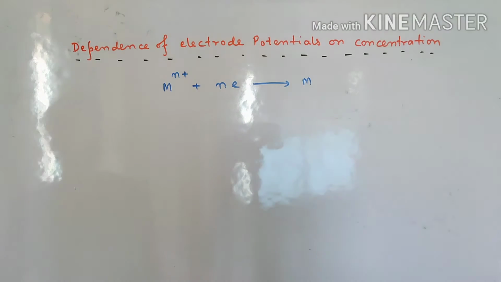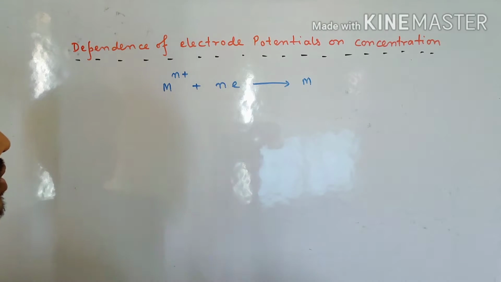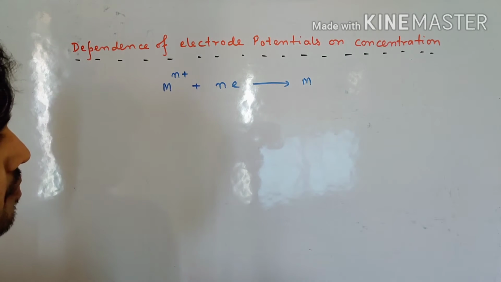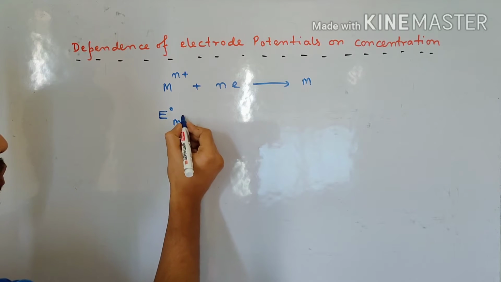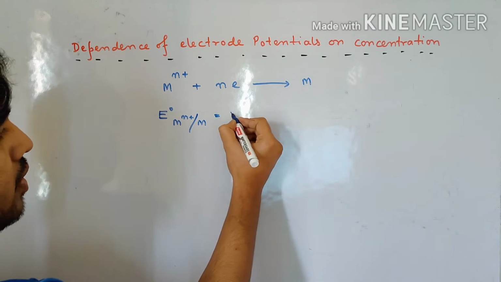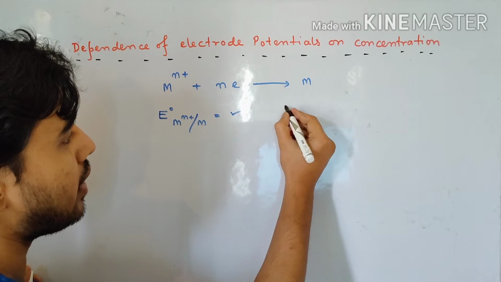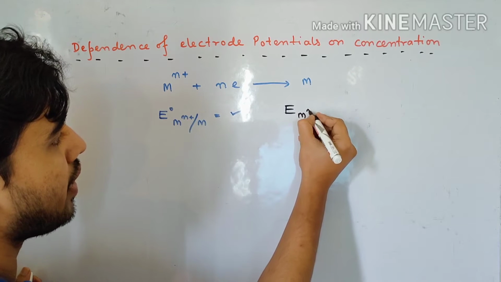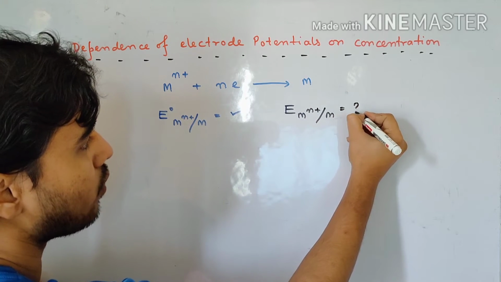Now if it is not in standard state, suppose E0 of Mn plus by M is already known. But what do we have to calculate? Not E0. We have to calculate E of Mn plus by M, which we don't know.